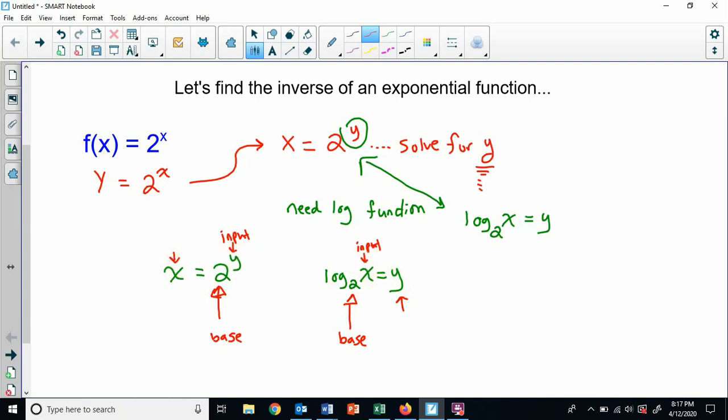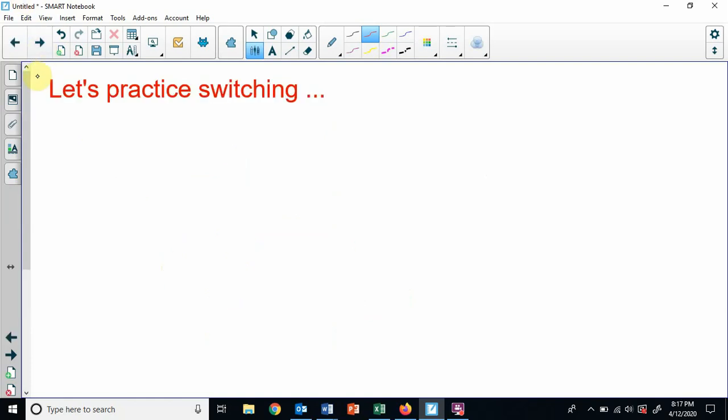So as a way of practicing, let's practice switching back and forth with a few examples, ones that actually have answers, like log base 5 of 25 equals 2. That is a true statement. So can we write it as an exponential expression? Well, what's the base? The base is 5. So what's going to be the base of my exponent? 5.